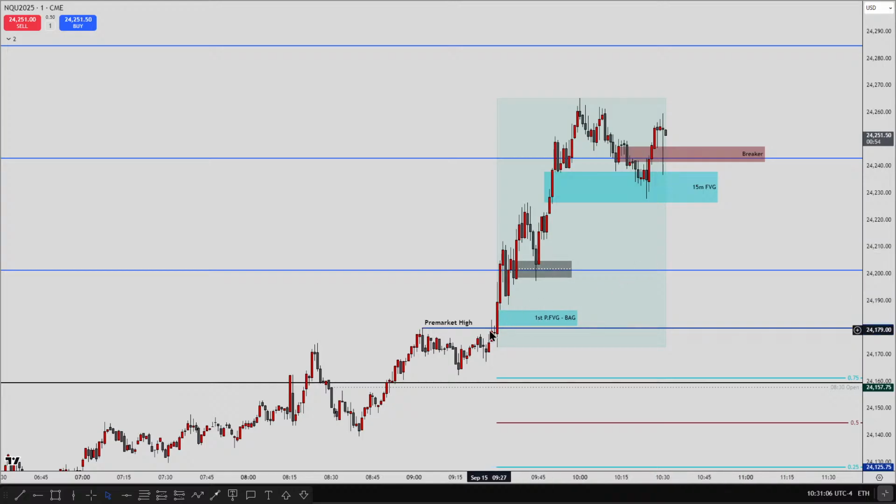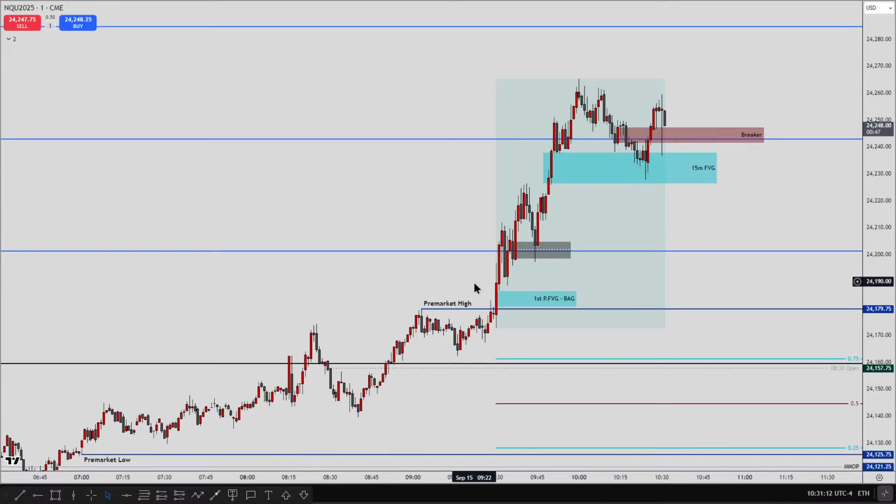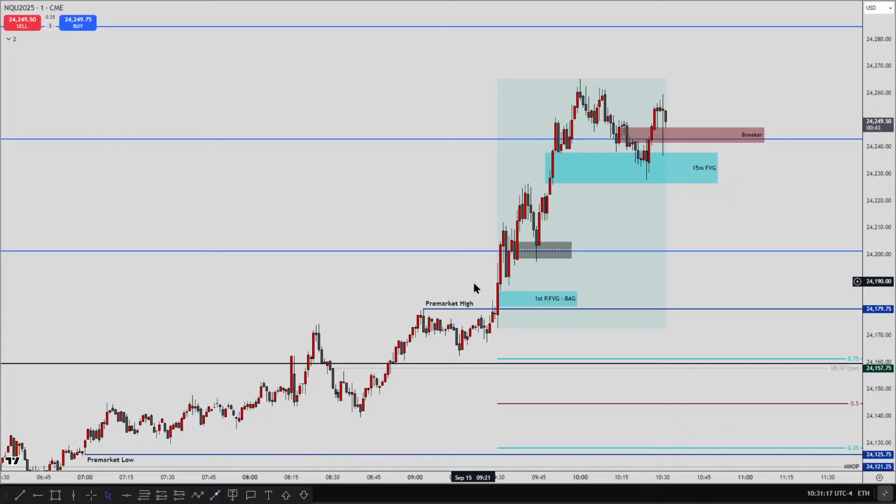And for a beginner, I wouldn't even recommend a 1 minute chart unless you have a specific fixed model like the silver bullet. If you're looking at optimal trade entry, should you be going down to a 1 minute chart? I wouldn't recommend it for a beginner, no. But when you have those specific parameters like a silver bullet, then it's fine.